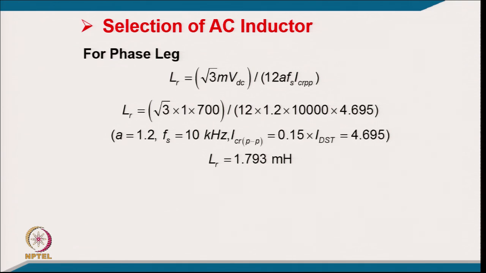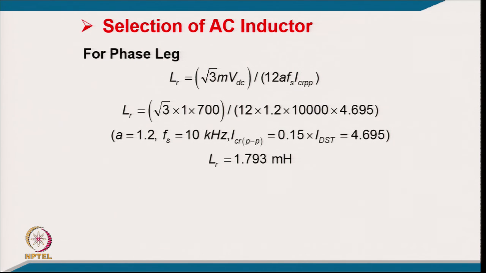Coming to the selection of the AC inductor for the phase leg, you can calculate LR from this standard formula which is available in many texts: root 3 M VDC divided by 12 A f Fs into I ripple.